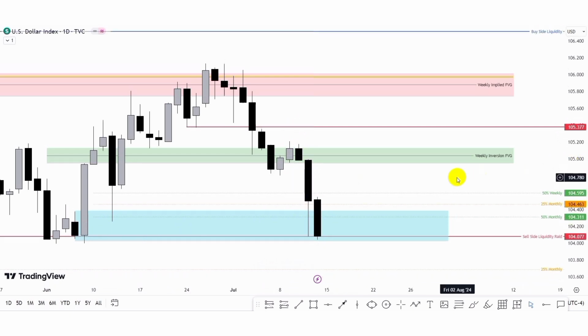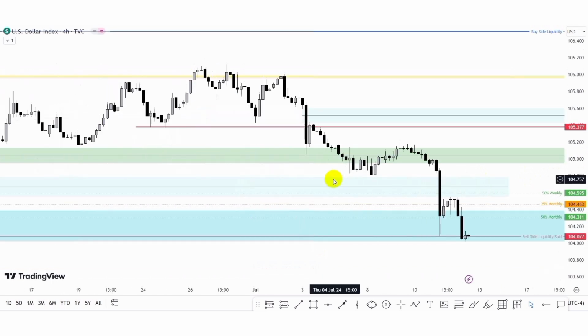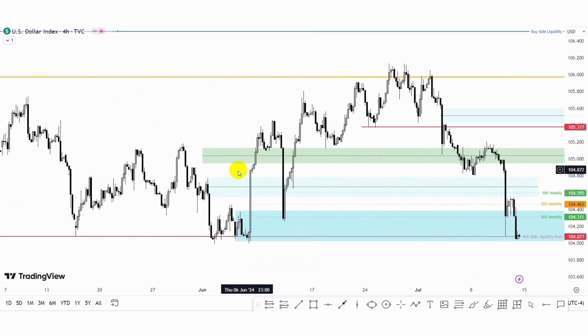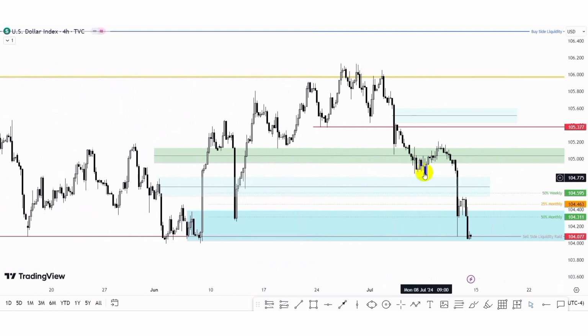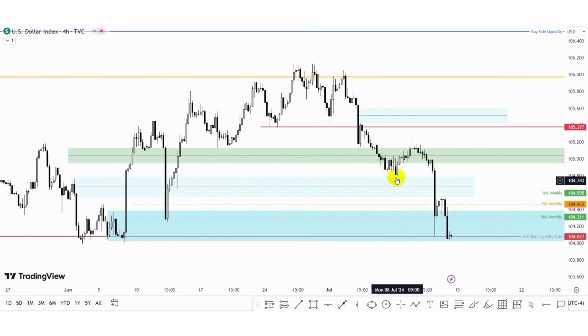Let's check the 4-hour time frame. Now here we are in the 4-hour time frame. If you can remember, I showed us guys this breakout block where we're expecting to see price return to mitigate it, which also has the 50% of the weekly candle level, before we could see the rise of price to this level before we can determine if price will drop or break through, retest as support and then push further to the upside.